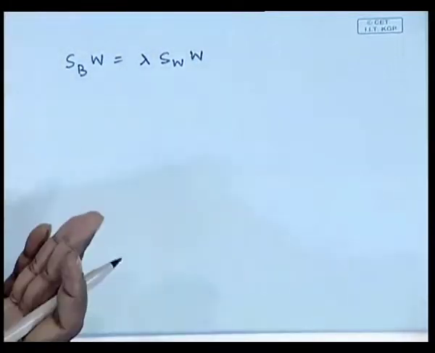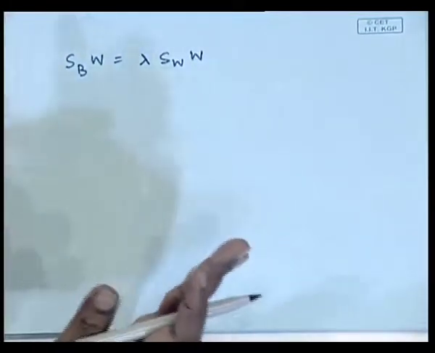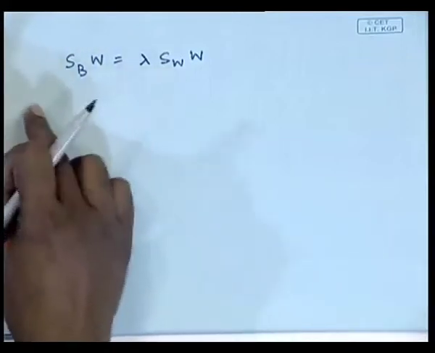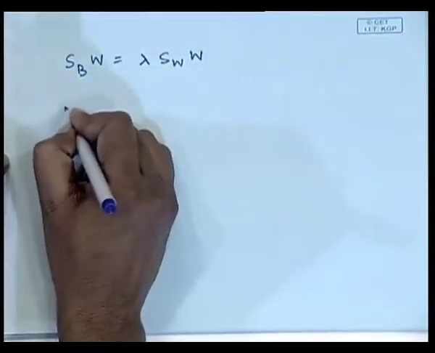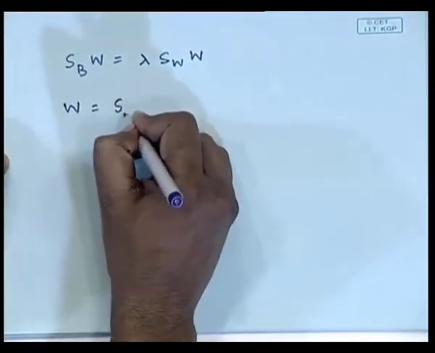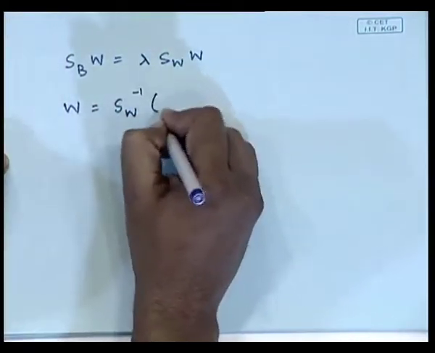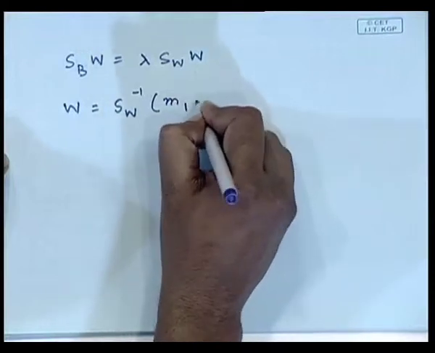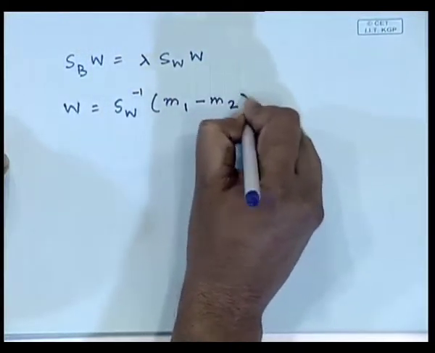What I want to see is the direction of W, that is my projection direction. So, from this you can easily find that W is nothing but SW inverse times M1 minus M2.